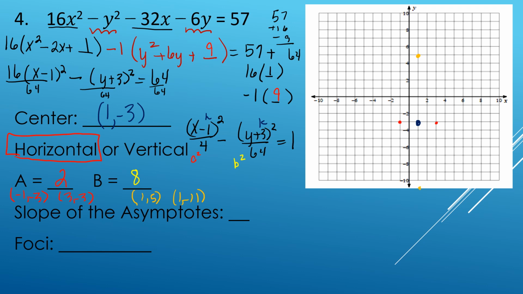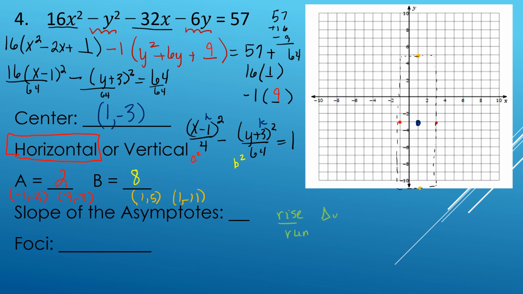So the total distance for that conjugate axis is 16 units, and the total distance for our transverse axis, which is going to include the vertices, center, and the foci once we get them, only has a distance of 4 units. All right, so in this case, sketching our little box, we're going to notice that this guy is going to have a really steep slope for our asymptotes. So we are always looking again at the rise over the run.